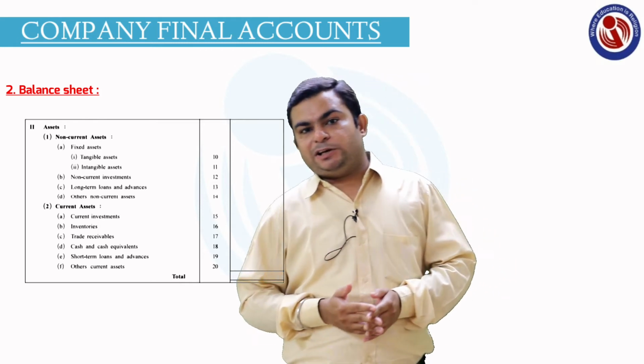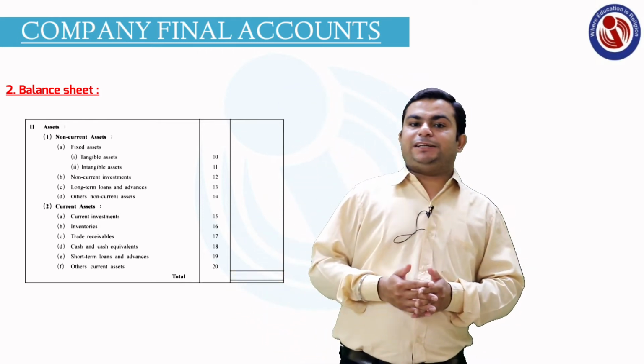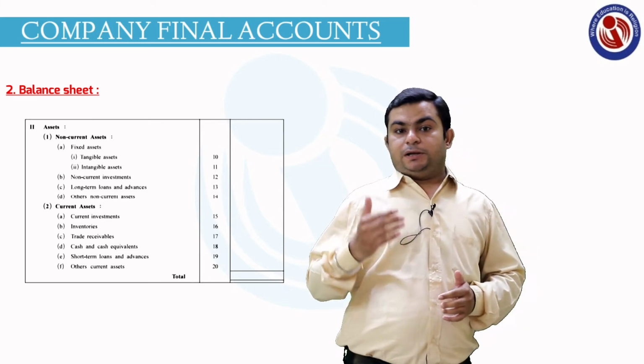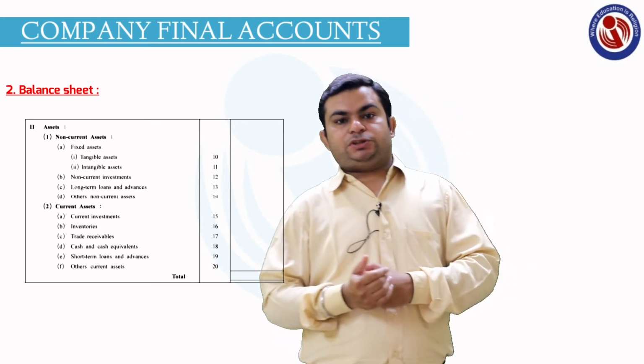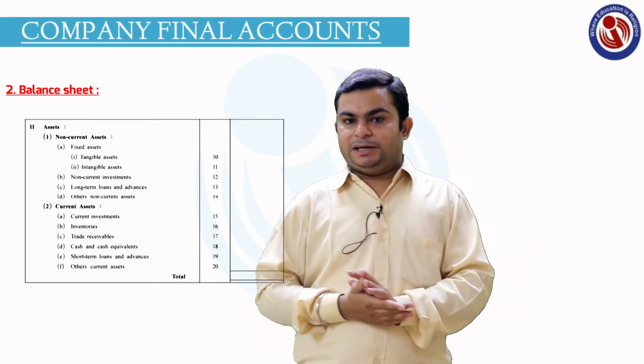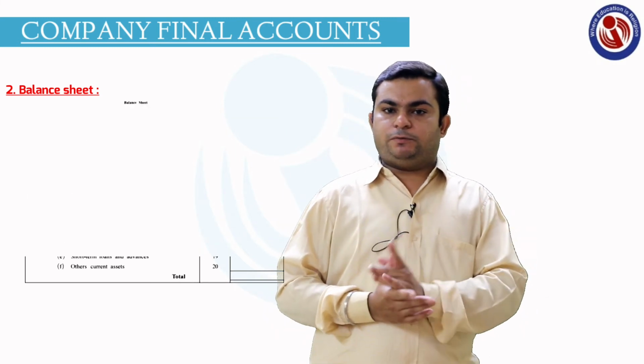Which items are to be included under which head has been explained in your textbook in a very detailed format, for which page numbers and other details will be given to you as follows.